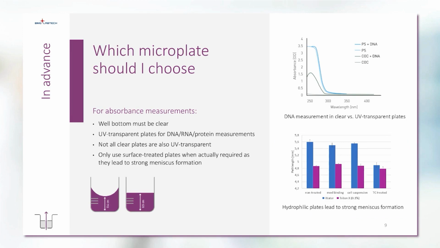Therefore, you always have to be aware of the surface treatment of your microplate. You have to reconsider if you really need it for your application. And if you still need it, you will have to check for meniscus effects. And if there are any present, you have to correct for the changed path length in your scenario. And for this correction, we also offer an automatic path length correction in our software.